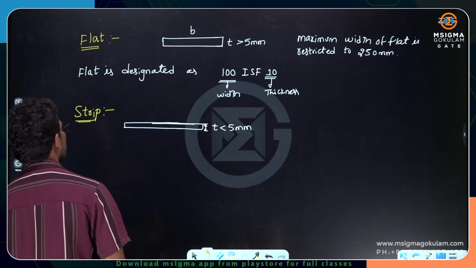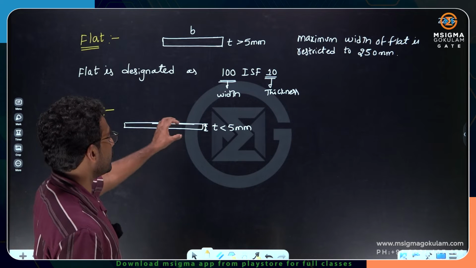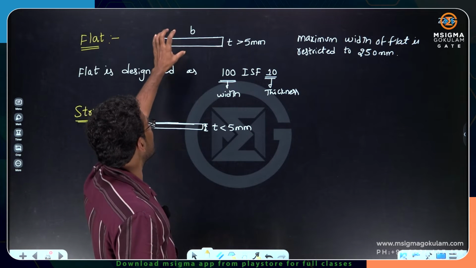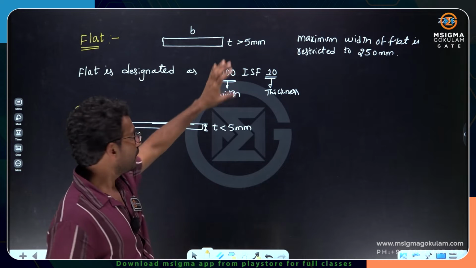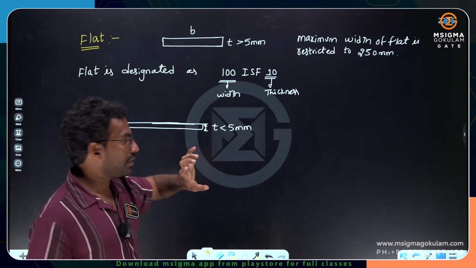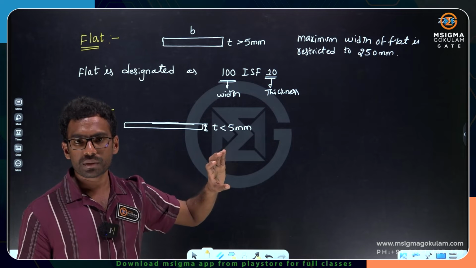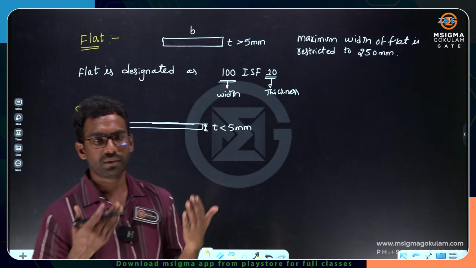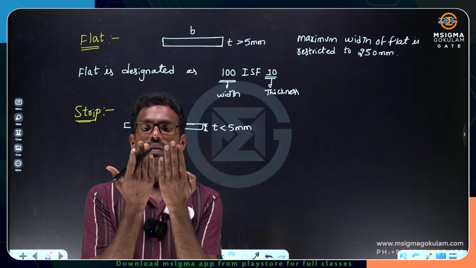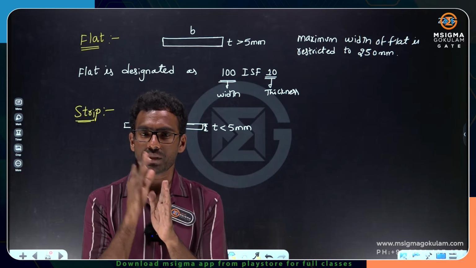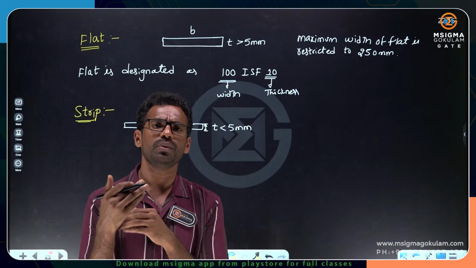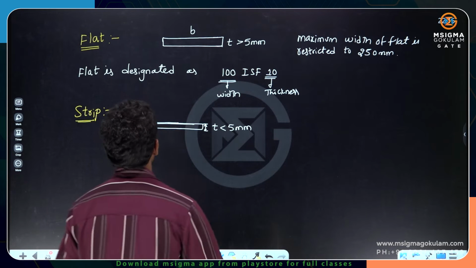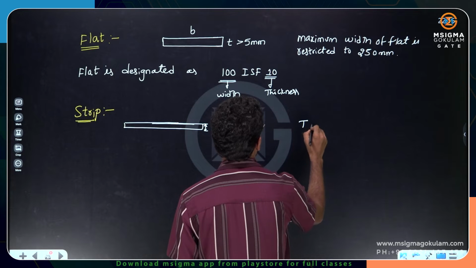So where are we going to use strips? The basic difference between strip and flat is that flat thickness is more than 5 mm, strip thickness is less than 5 mm. This strip we are going to use only to join two plates. So whenever you want to join two plates, you essentially require this strip.